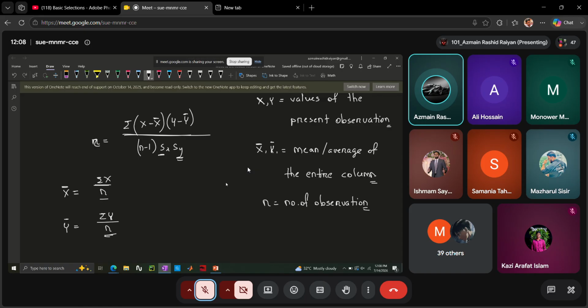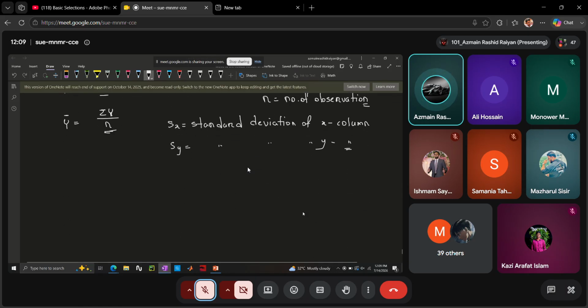And what is Sx and Sy? These are basically the standard deviations. So Sx is the standard deviation of the X column, and Sy is the standard deviation of the Y column. So we know how to find out the standard deviation.